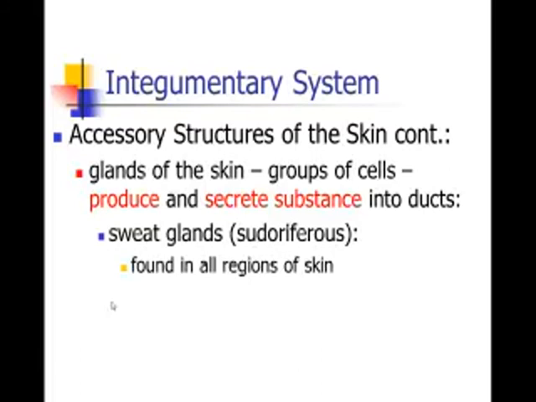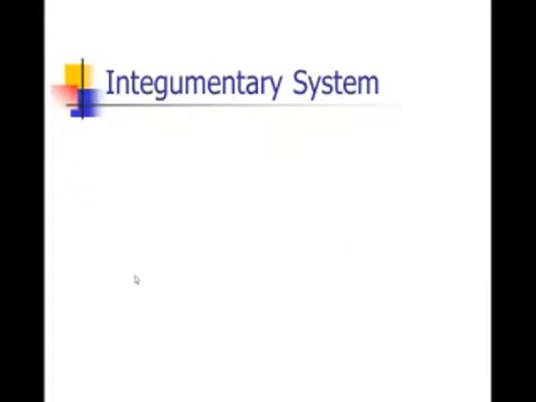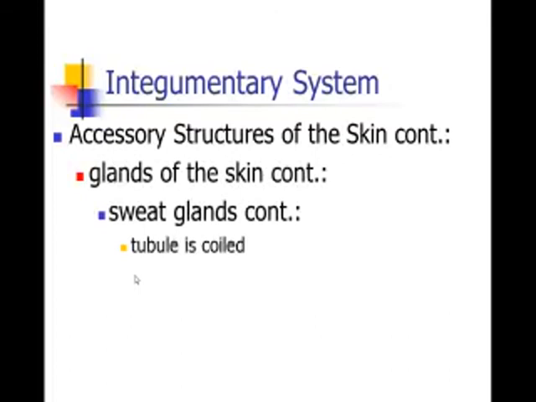Sweat glands are found in all regions of the skin, but not equally distributed. There are sometimes up to 400 glands per square centimeter in the palms and the soles of your feet, and then there are more in your fingertips. The sweat glands are tubular, and the tubule is sort of coiled.